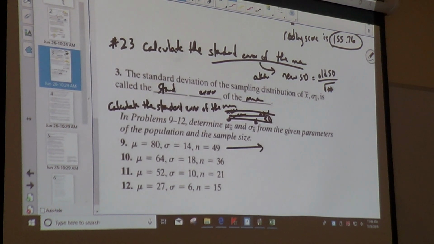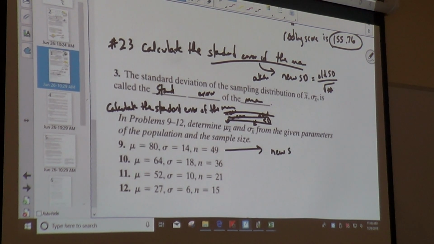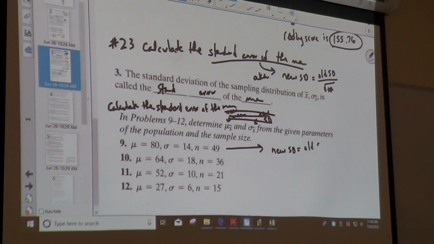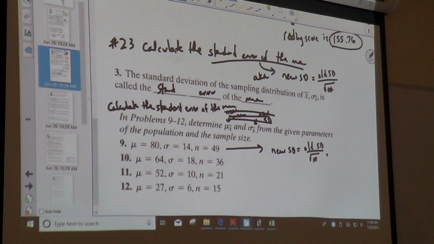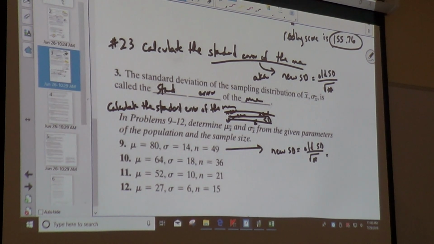So for this one, the new standard deviation is the old standard deviation divided by the square root of the size of the group. So what is my old standard deviation? Divided by the square root of the size of the group. So that's 14 over 7. And you're going to say, that just looks too easy. It is. You just got to know what they're telling you to do.